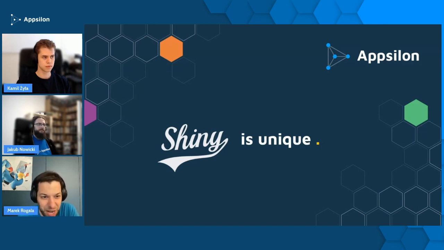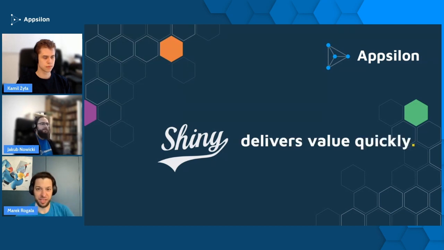So let's explore why Shiny is so unique. Here are just a couple of reasons that we see. First of all, Shiny enables us to deliver value extremely quickly, right? We can implement users' ideas right away, show it to them, get feedback, improve, and repeat, so much faster than in typical traditional technology stacks for creating web applications, for example.